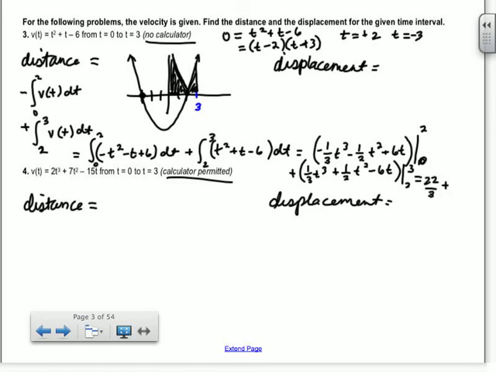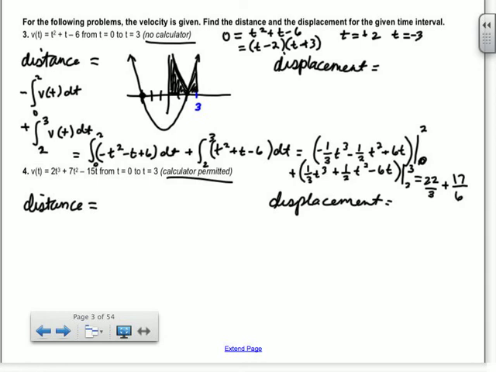And then plus the second part. Oh, 17/6.